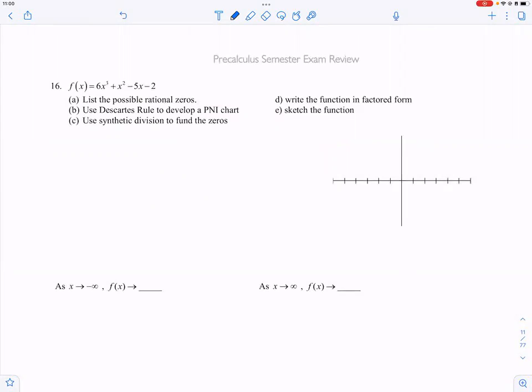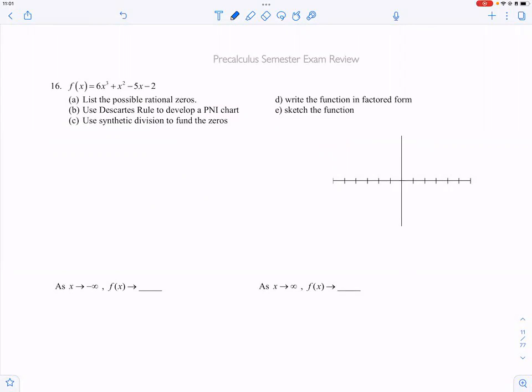All right, question number 16. We have a really long question right here. It says you have a function, 6x cubed minus x squared minus 5x minus 2, and you have to list all the possible rational zeros.